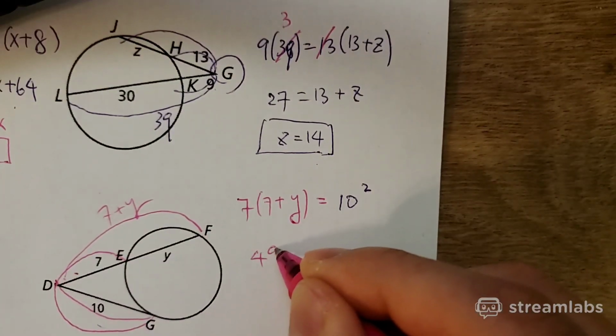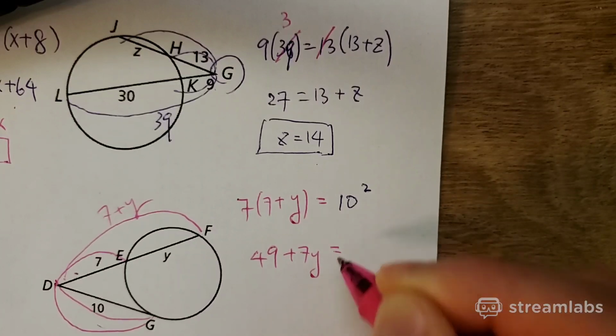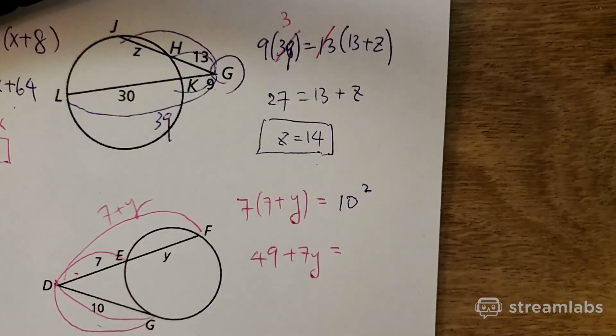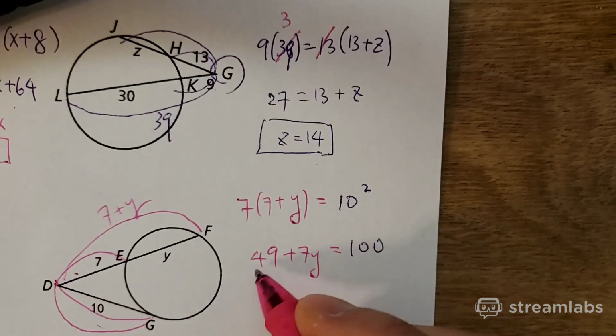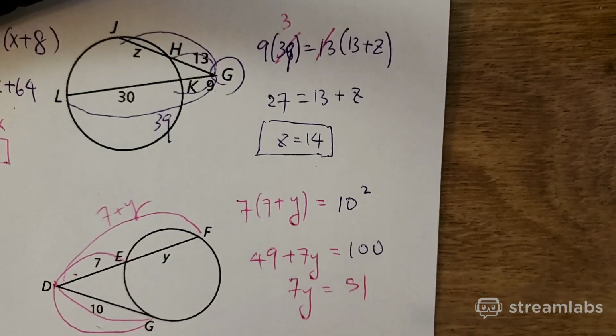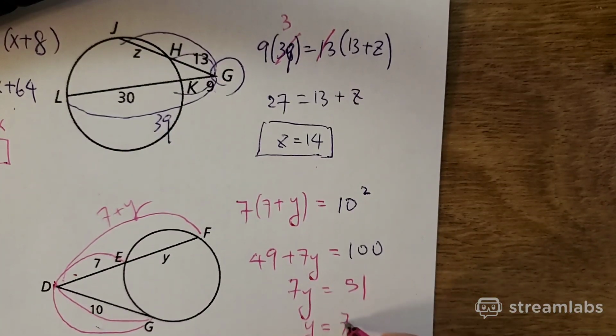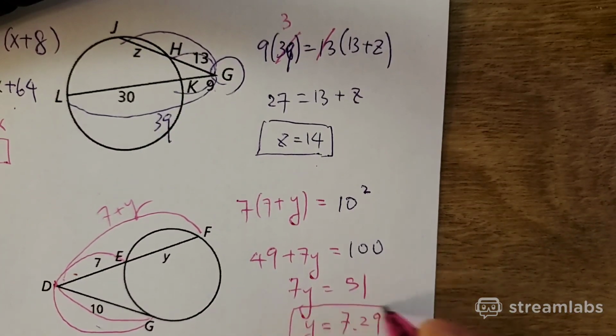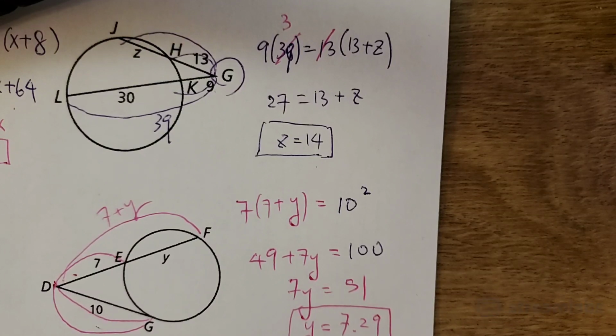So 49 plus 7y is equal to 100. Subtract 49 over. So y turns out to be 7.29. Okay. Divided over, or 286. Okay.